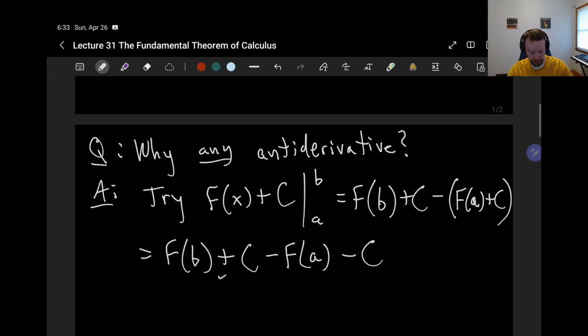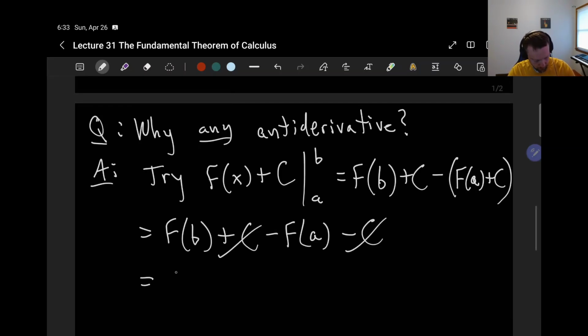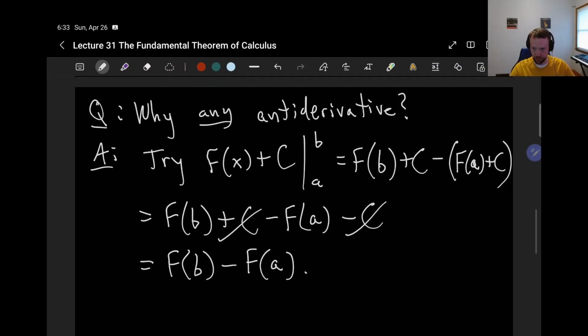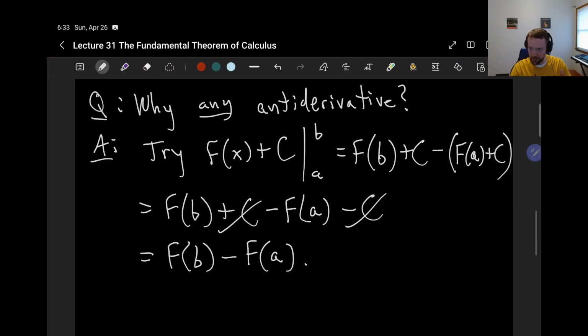And look what happens. The c and the minus c cancel. So we end up with capital F of b minus capital F of a anyway. So the plus c really doesn't do anything because it cancels off. So great. When we're using the fundamental theorem of calculus, we do not need to worry about plus c when we take our antiderivatives.